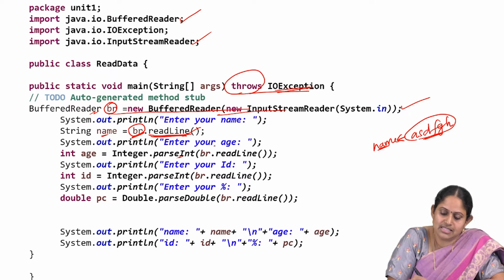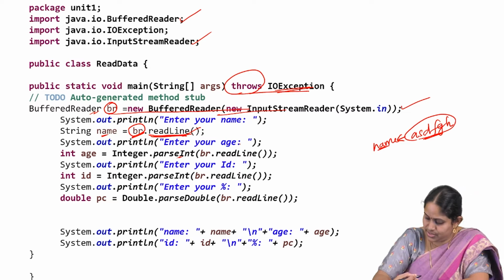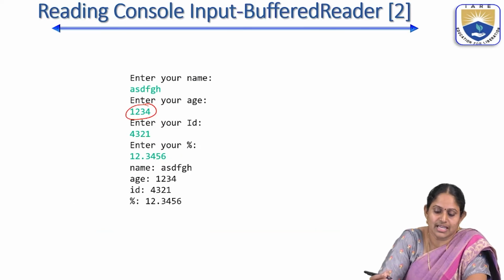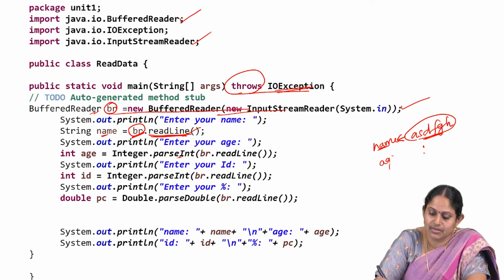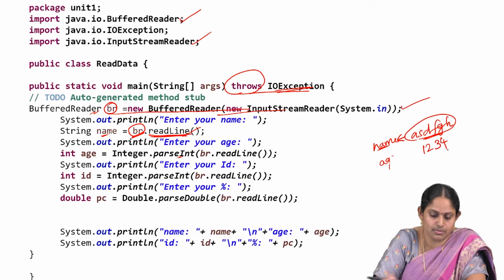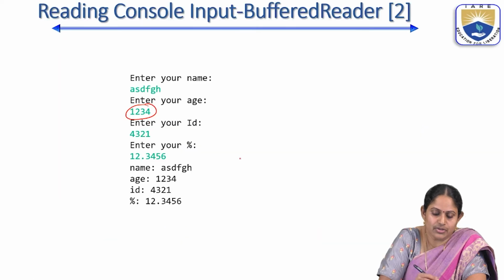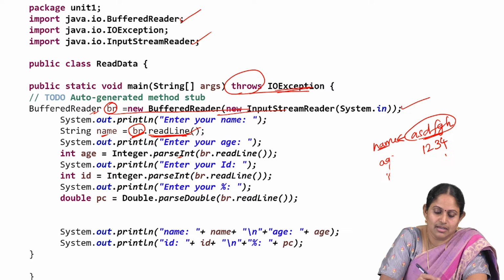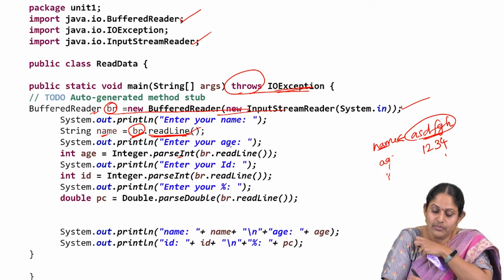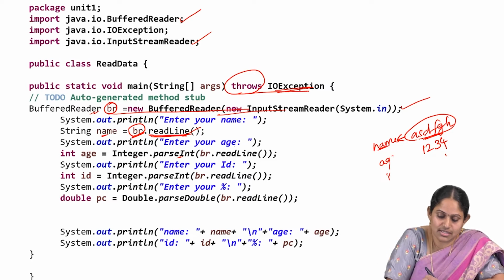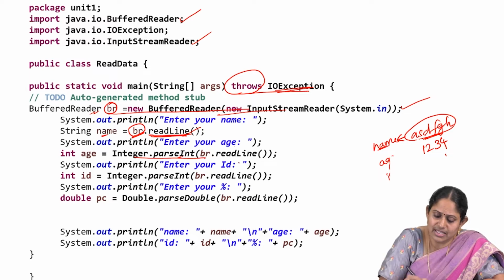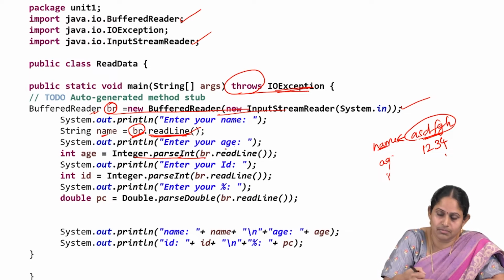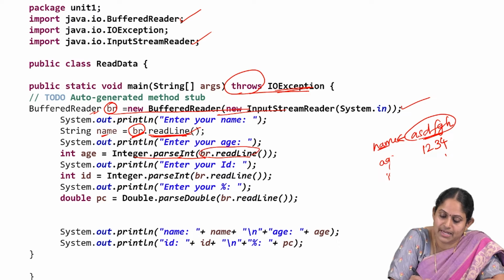Then next we are reading the age, and this value is stored into age. Now when we are reading age, we have to keep a note of this: whatever we give through the keyboard will be read as a string.